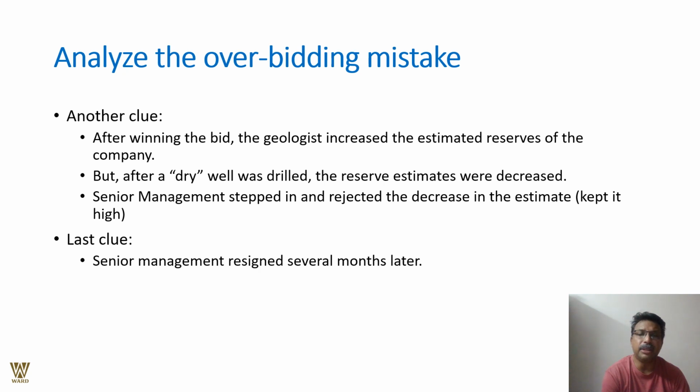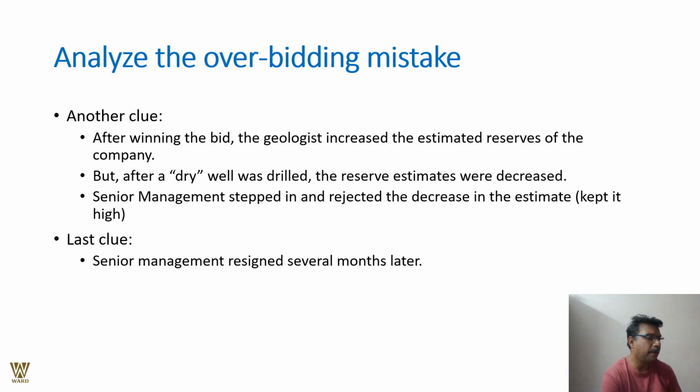Let me give you the overbidding mistake. Another clue: after winning the bid, the geologist increased the estimates of reserves of the company. After a dry well was drilled, the reserve estimates decreased considerably. Why? Because the well that was dug came up empty. Now, senior management should step in, but probably rejecting the decrease in the estimate, they kept it high. The last clue: senior management resigns several months later.